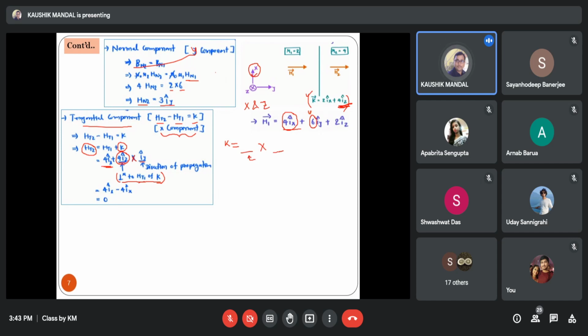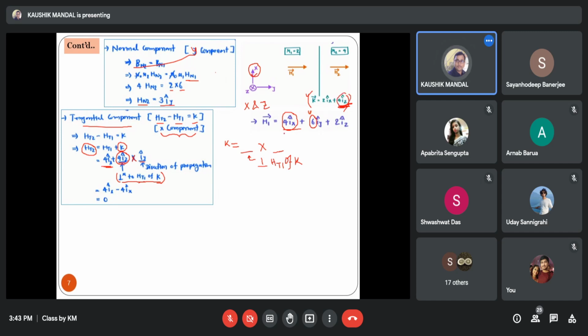That is mentioned in this equation: it will be the perpendicular to Ht1 of K. Now consider the equation of K and see which one is perpendicular to Ht1. As we are concentrating on the x component, the perpendicular to the x component is nothing but z.